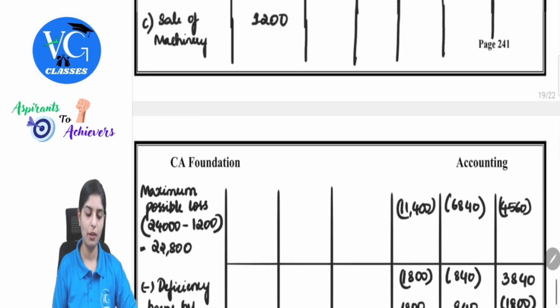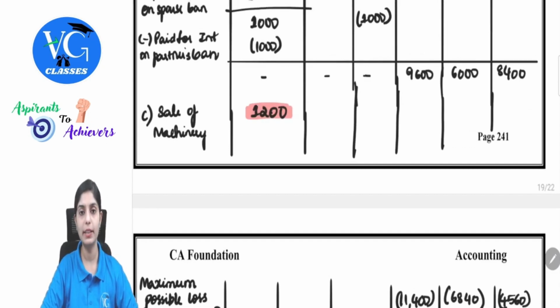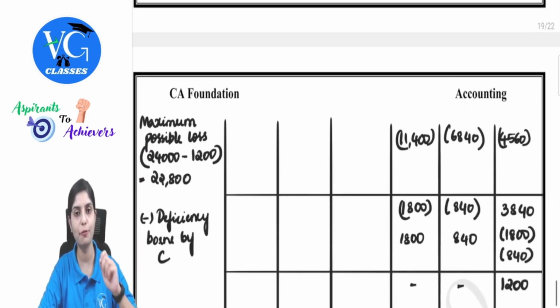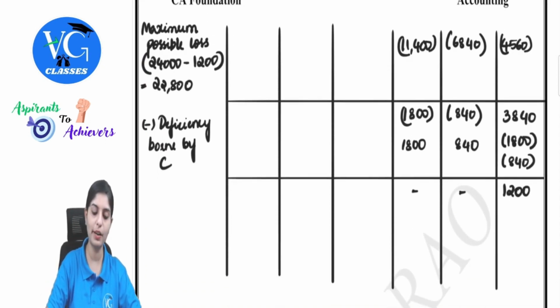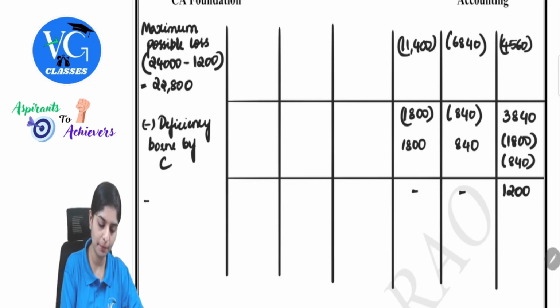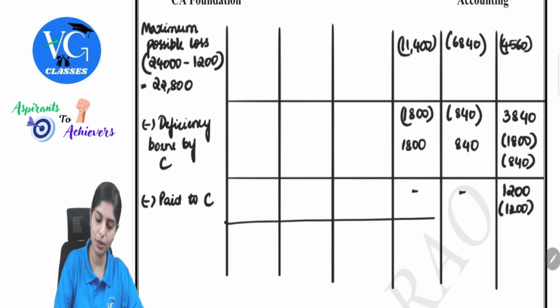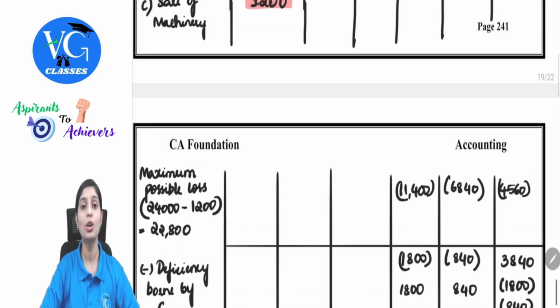Now, by selling the machinery, how much is my cash realized? 1,200. What we did here was a hypothetical calculation to find which of the partners we have to pay. By solving as per the maximum loss method, we understood that this 1,200 should be paid to C. Clear with this? Whatever we did from maximum possible loss is just to understand which partner we are supposed to pay.